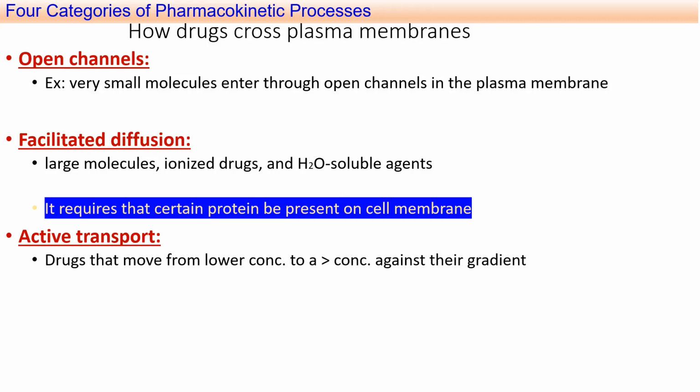So the drugs that move from lower concentration to a higher concentration, against their gradient, require cellular energy expenditure and carrier proteins, or what are called pumps. With the assistance of the pump, it will allow these molecules to cross the membrane by what is called active transport.